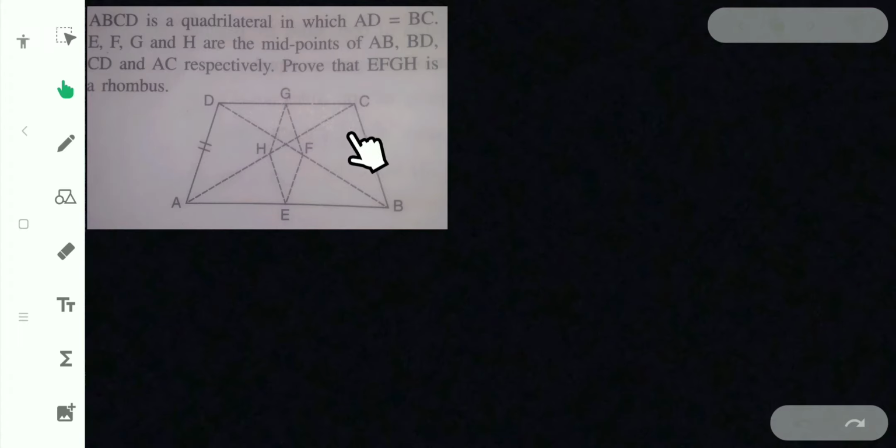E is for AB, F for BD, this is BD, the diagonal, G for CD and H for AC or CA. Prove that EFGH, the small diamond-shaped quadrilateral you can see, is a rhombus.